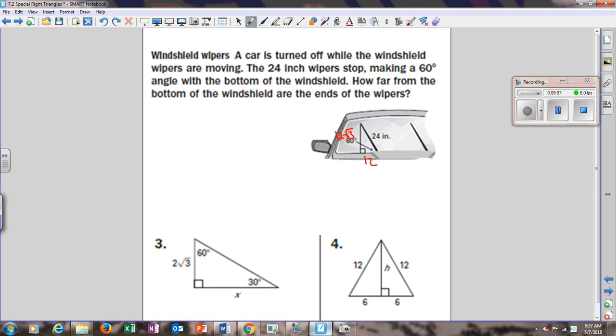Now in the real world, 12 root 3 isn't going to tell me very much. Like if I walk up to someone and say, oh, don't worry, it's only 12 root 3 inches from the bottom, it's not going to mean a whole lot to them. So calculating it out, they give me about 20.8 inches from the bottom of the windshield.